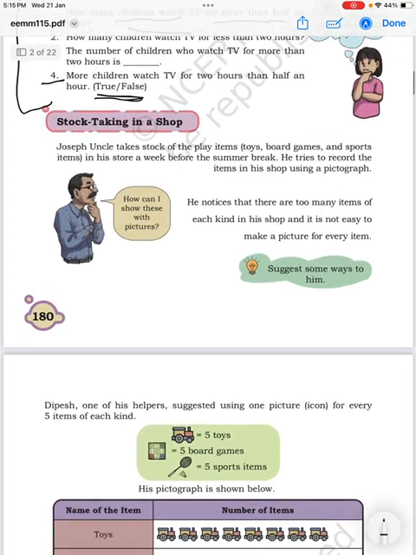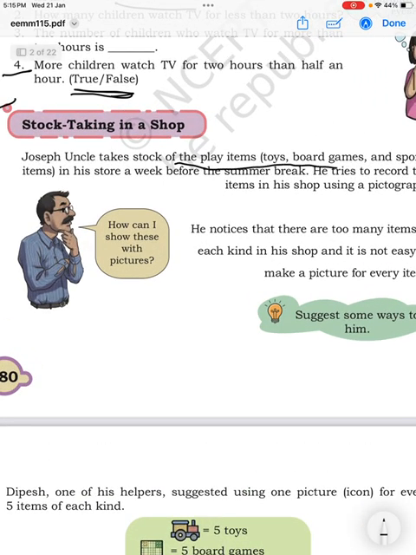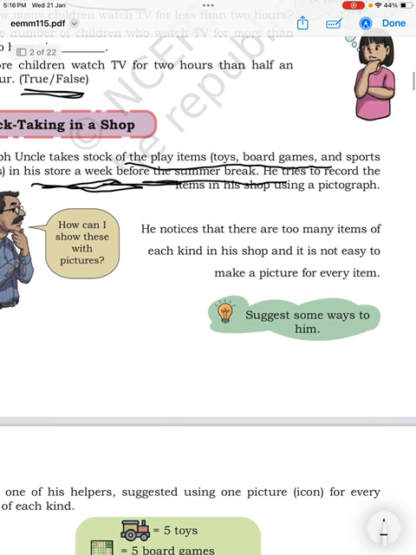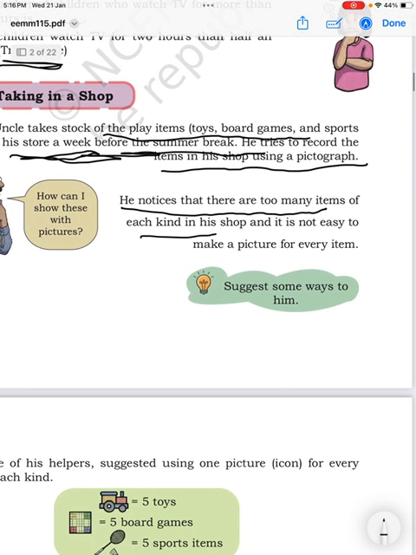After the stock taking in a shop, Joseph uncle takes stock of the play items like toys, board games and sports items in his store for a week. Before the summer break, he tries to record the items in his shop using a pictograph. He noticed that there are too many items of each kind in his shop.